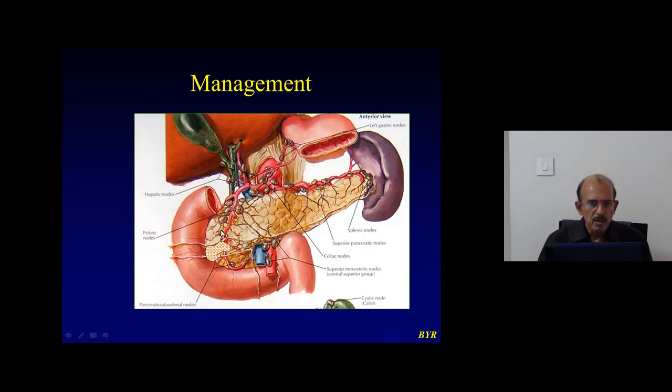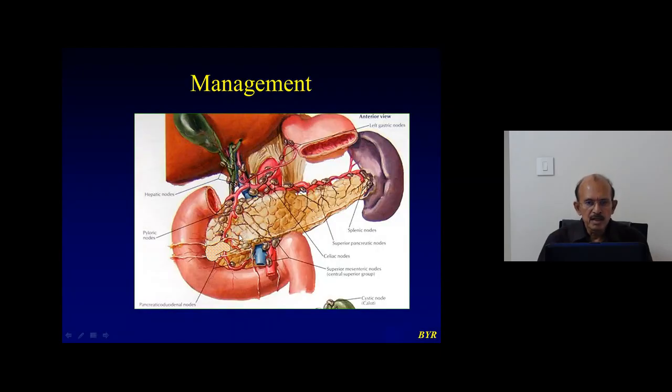If possible, remove the organ from which the mass is arising, and remove all the lymphatics draining from this mass and the nearby lymph nodes.